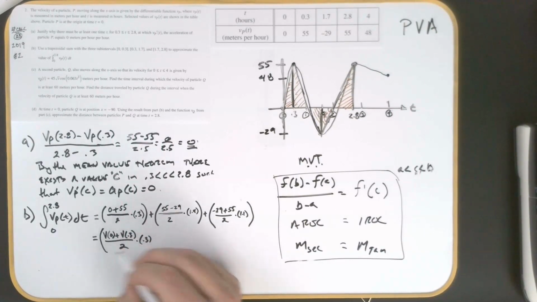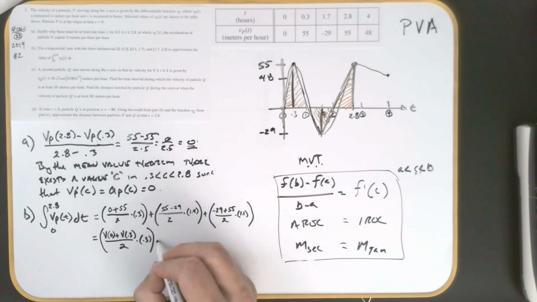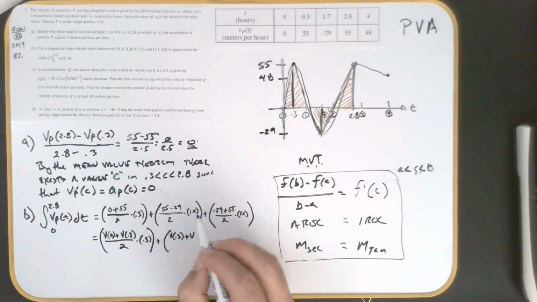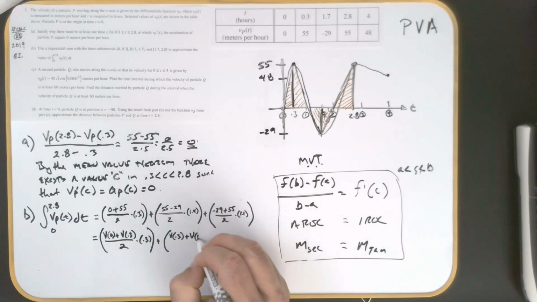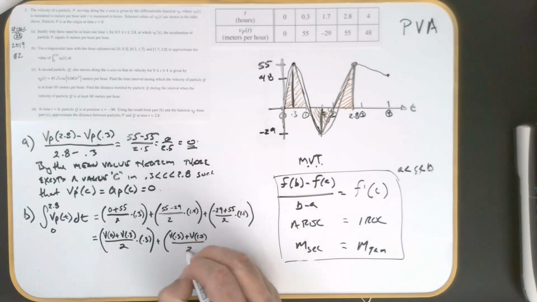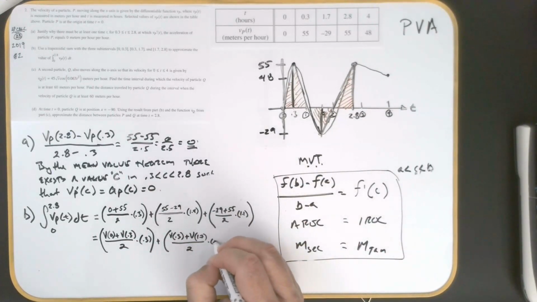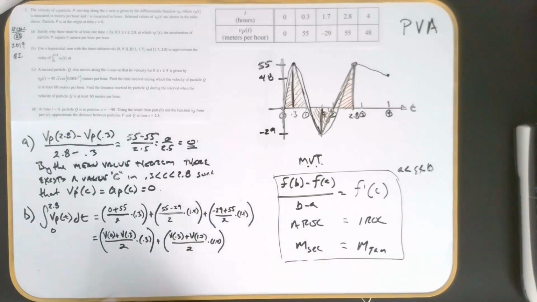That's how I got that first trapezoid. Plus the second one, I was doing the velocity at 0.3 plus the velocity at 1.7, all divided by 2, times the width of the interval, 1.7 minus 0.3, which is 1.4. That's where I got that.